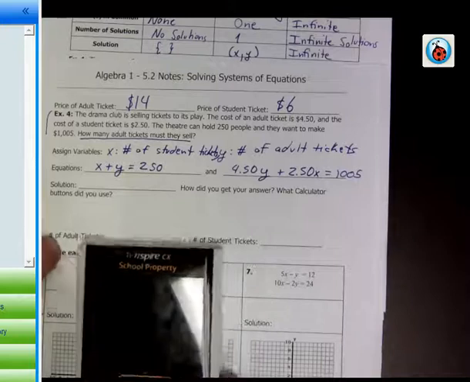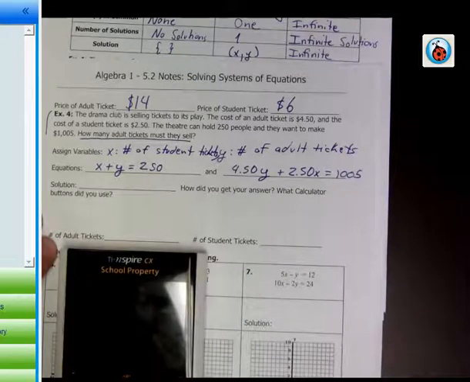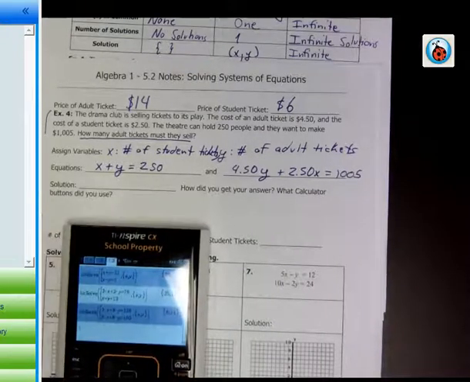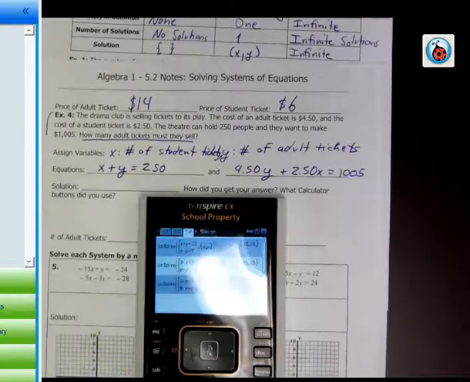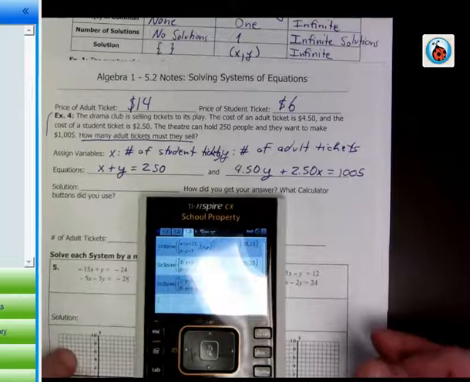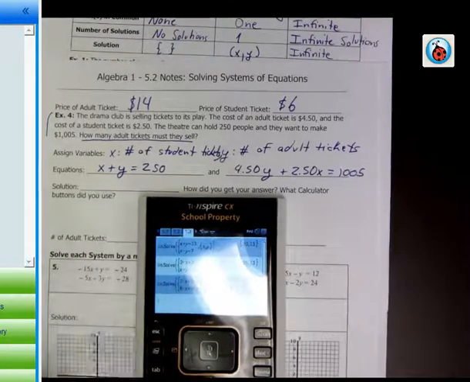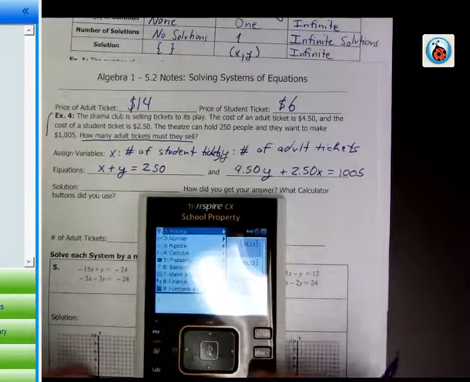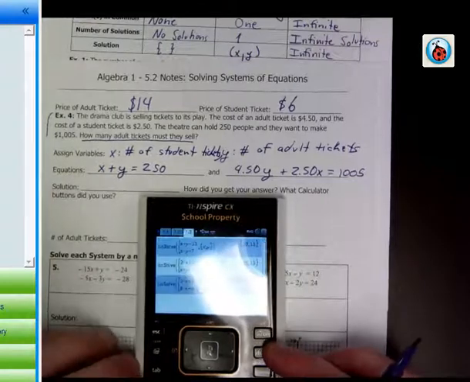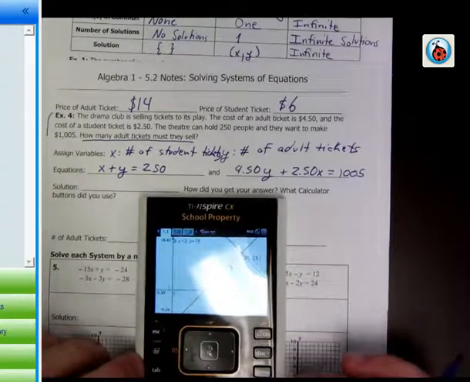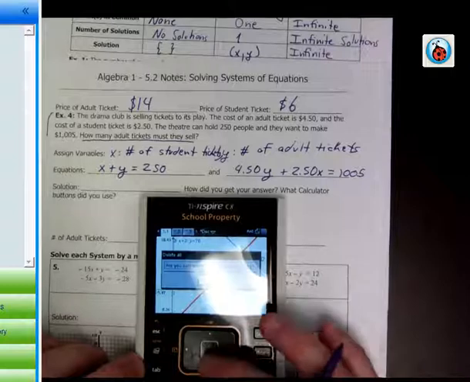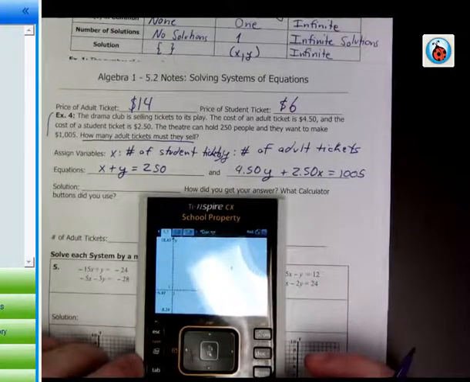Okay, so let's do this one by graphing, and I'll let you practice and put that in the calculator. So you should pause the video now so you can try to put this in the calculator yourself. Okay, so menu, I'm going to go back to my graphing page, clear everything, click delete 3 times.